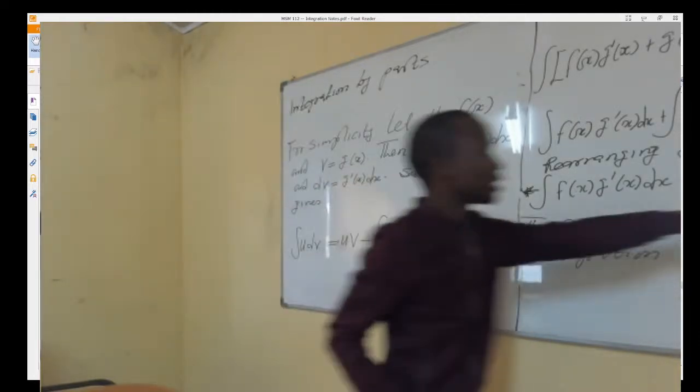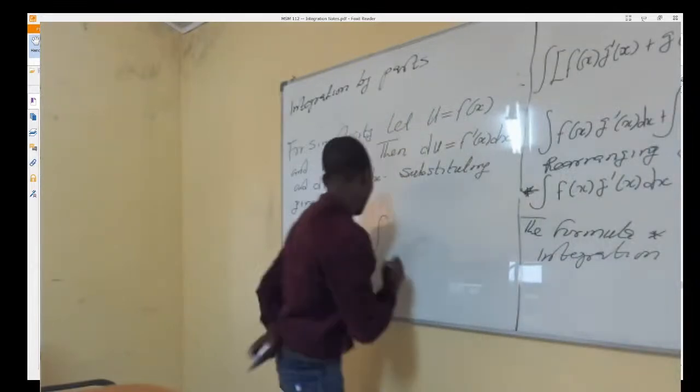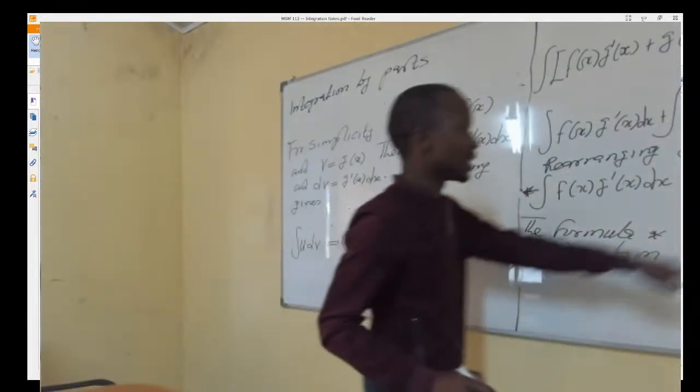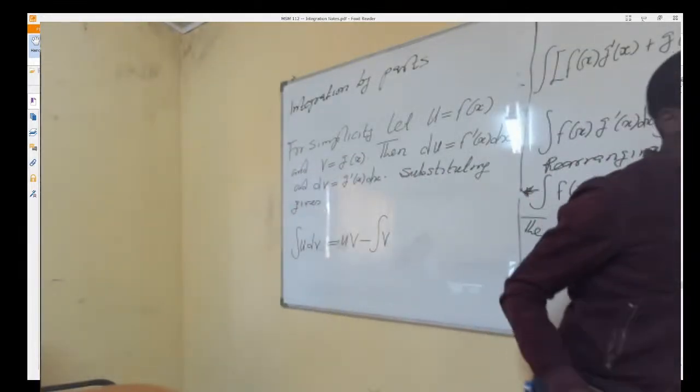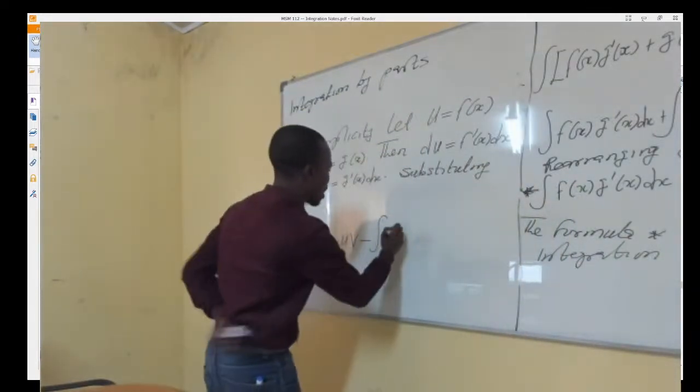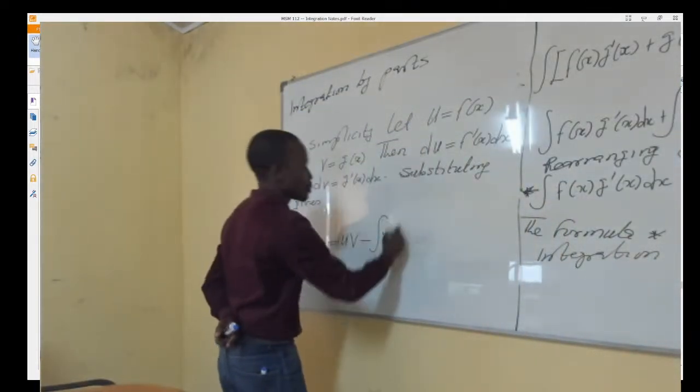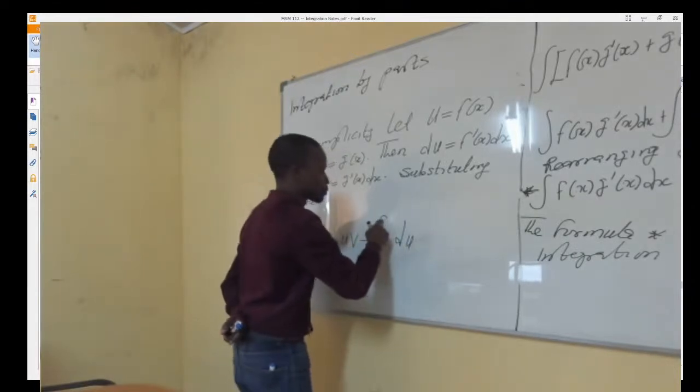Where there is g of x we have v, and where there is f prime of x dx, we put du.